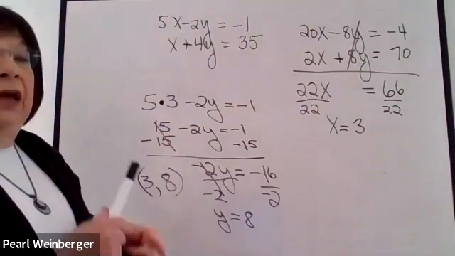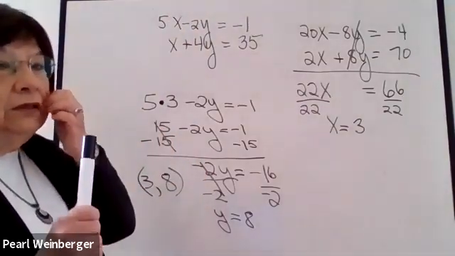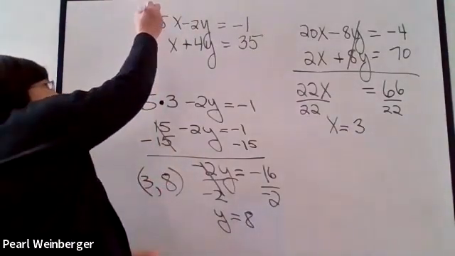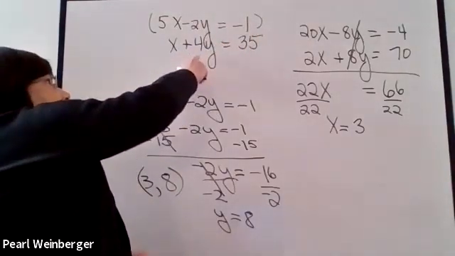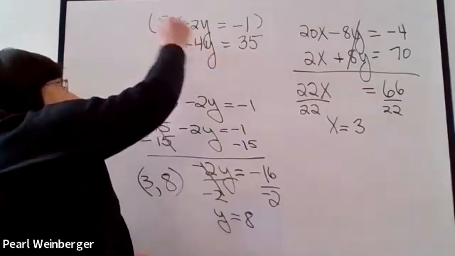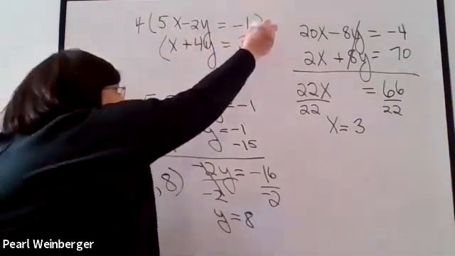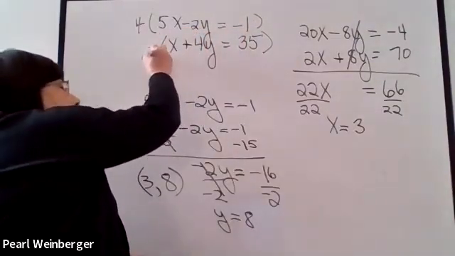And I multiply each equation by the opposite coefficient. So the first equation, I'm going to multiply by the 4. The second equation, I'm going to multiply by the 2.